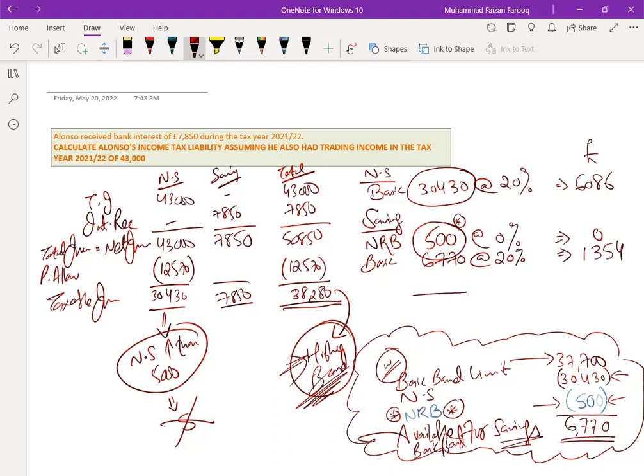That is 1,354. Your total savings income is 7,850, right? Yes. Out of that, 500 is taken in the nil rate band, and 6,770 falls under the basic band. How much is left? 7,850 minus 500 minus 6,770 is 580. 580 will be taxed at the rate of 40%.